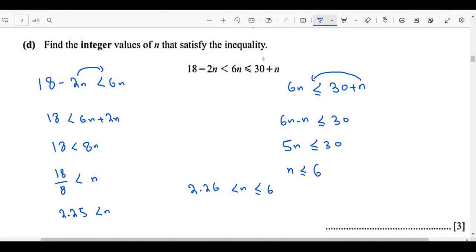So this is the number line, this is 0, this is 2, then we have 2.25, whatever it was, and then this is 6. So my range is from 2.25 to 6.